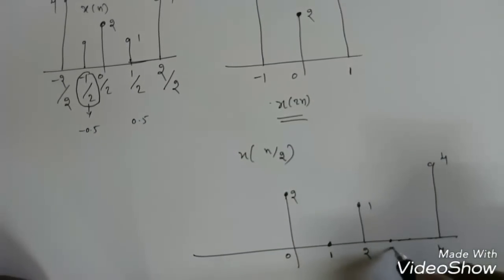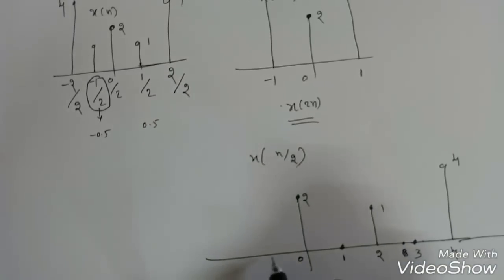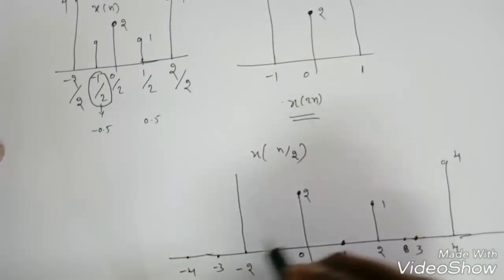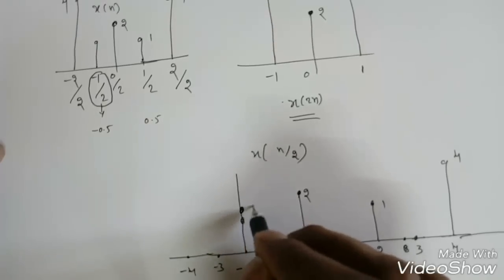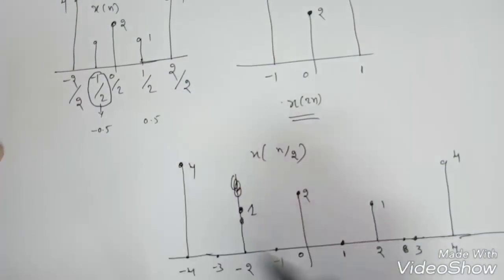That means 3 is missing. Similarly on the negative side, minus 1 will be missing and we get minus 2, minus 3 will be missing and we get minus 4 with amplitude 4.